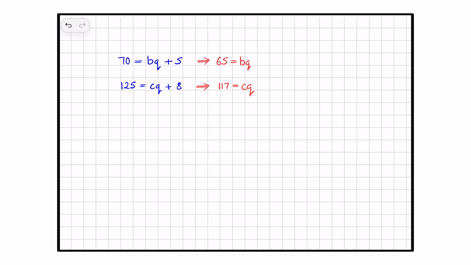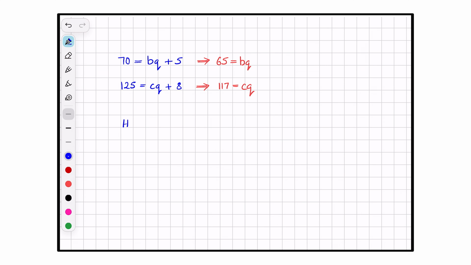Now we need not worry about what is the value of B and what is the value of C. The point here is that we have considered Q to be the highest factor of 70 and 125, and Q is also the highest factor of 65 and 117. So we have to find the highest common factor of 65 and 117 to get the value of Q. And once we get the value of Q, we will have the answer for the given question.